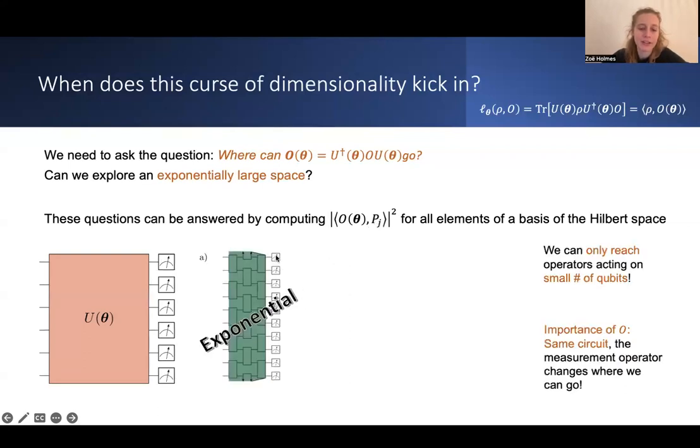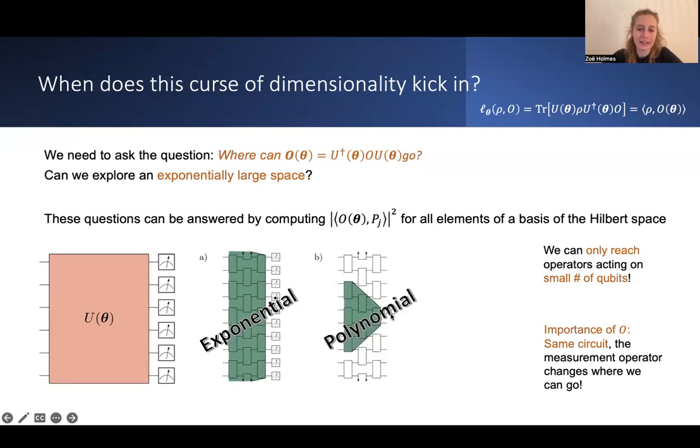The first thing to note is that if you have a global measurement, then even at very shallow depths, this global measurement, think of it as all Z's on each qubit, can be transformed into exponentially many other measurements. Think about all-Z measurements and then single-qubit rotations. You can generate all possible tensor products of Paulis like that. So this operator spans an exponentially large space.